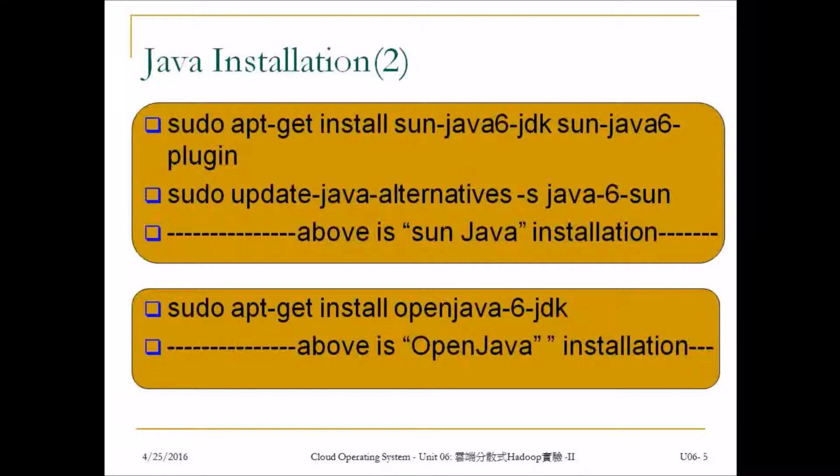However, no matter whether you use the Sun Java or Open Java package, be sure that the Java version is 6 or newer. Then the Java can support the Hadoop or MapReduce API. Otherwise, your MapReduce or Hadoop example cannot be compiled and executed.